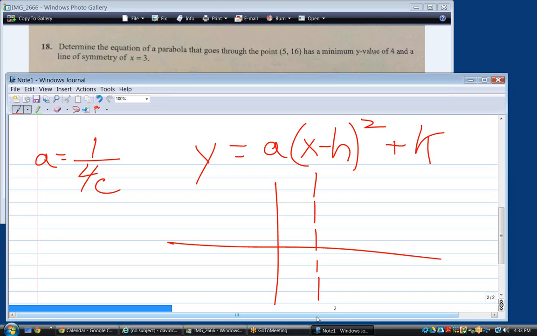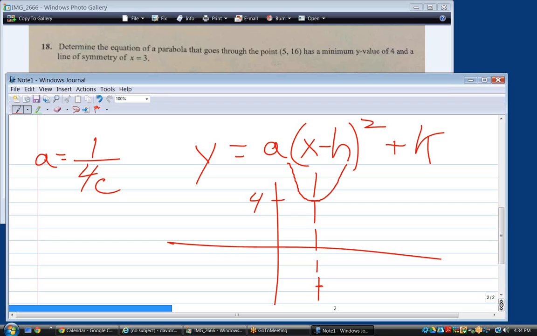It has a minimum y value of 4, so the vertex has to be up here at 4. Since it goes through this point, (5, 16), it doesn't go down. Besides, it wouldn't be a minimum if it went down; it would be a maximum. So this looks like that.